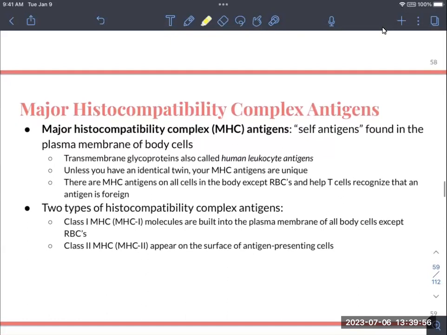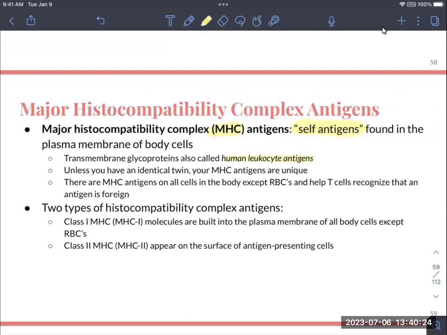Major histocompatibility complex antigens, MHC, these are considered those self antigens. These are what our immune system uses to help identify self. These are our cells. We have those transmembrane proteins that go through the entire membrane.